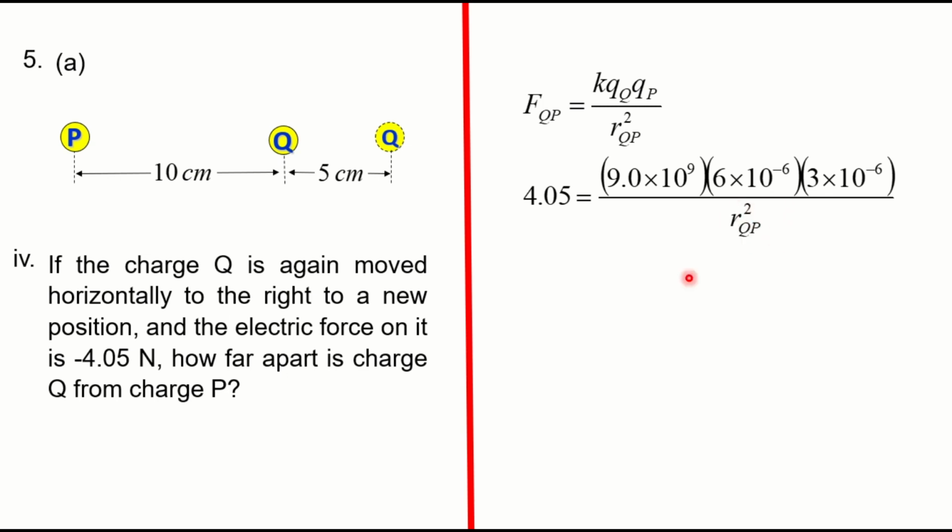Now we are looking for the distance between charge Q and charge P. When you solve it, you will get the final answer to be 0.2 meters. So the distance between P and Q is 0.2 meters when the electric force between them is 4.0 times 10 to the power of 5 Newton.